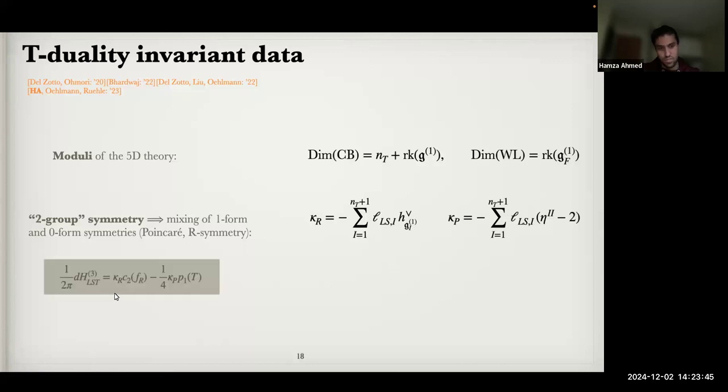In more detail, this is the mixing of the one-form symmetry: the divergence of the field strength of your one-form background B field, and its Bianchi identity is modified in this way, which essentially encodes the mixing.